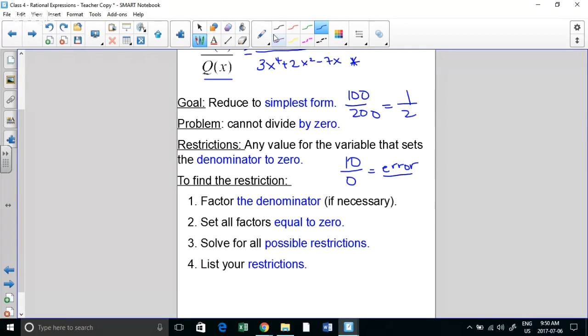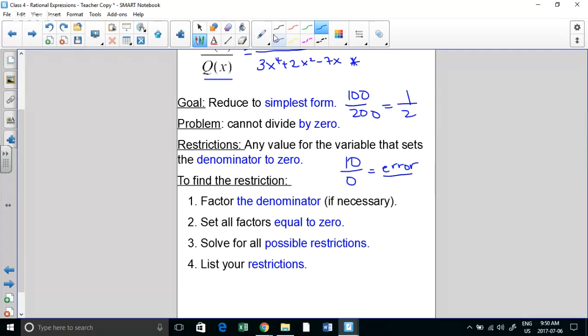And the problem now is when we have x values in the denominator, we can set x to whatever we want to set it to. And it's possible that somehow whatever x we choose may set the denominator equal to 0. Now, because this is not mathematically possible, we have to find a way to fix this issue.